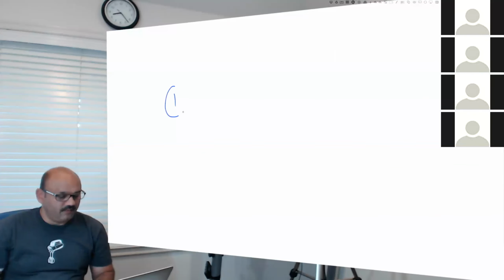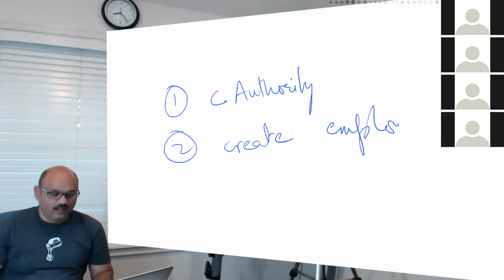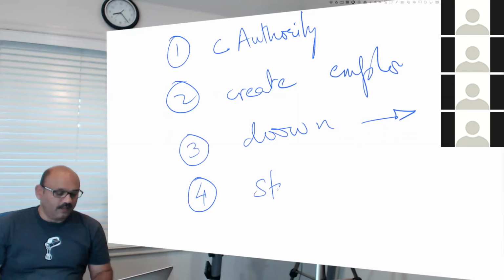First step, create a certificate authority. Second step, create a certificate for this employee. Third step, download it and give it to the employee. And fourth step, start the OpenVPN server.